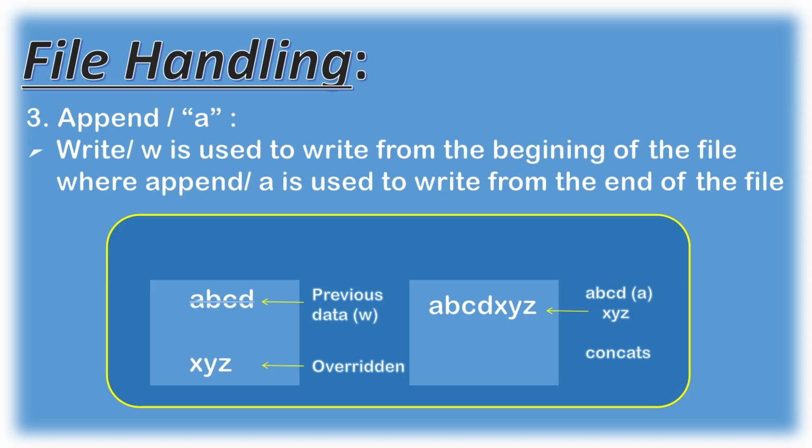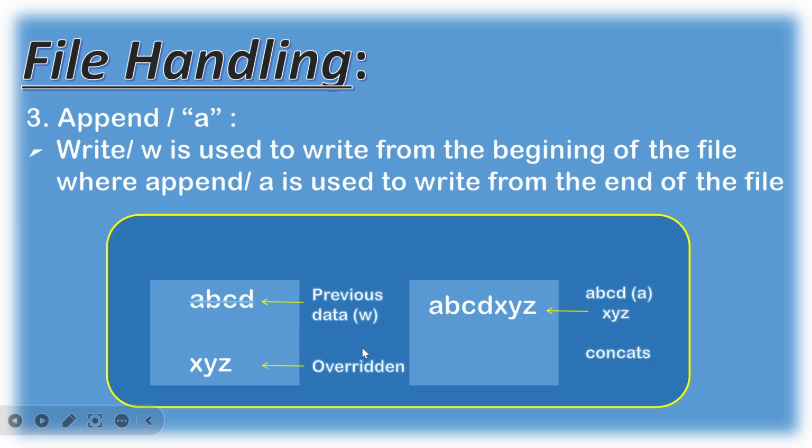Let's understand from the diagram. Here in the diagram you can see, suppose this is my file, one file. Here I have already written ABCD. If I'm trying to write to the file with XYZ, I'll add some new data, that is XYZ. Here you can see XYZ.